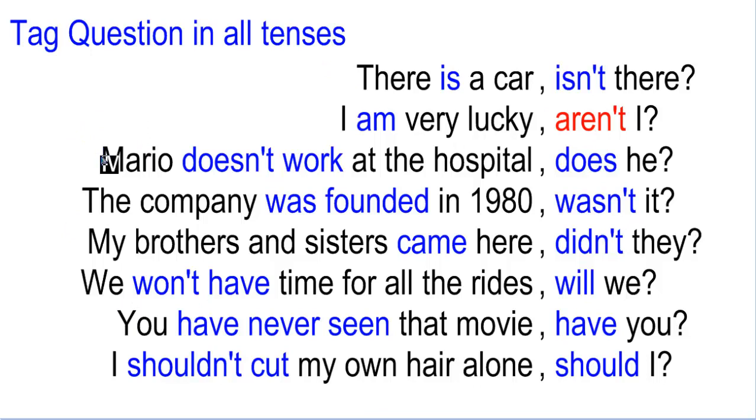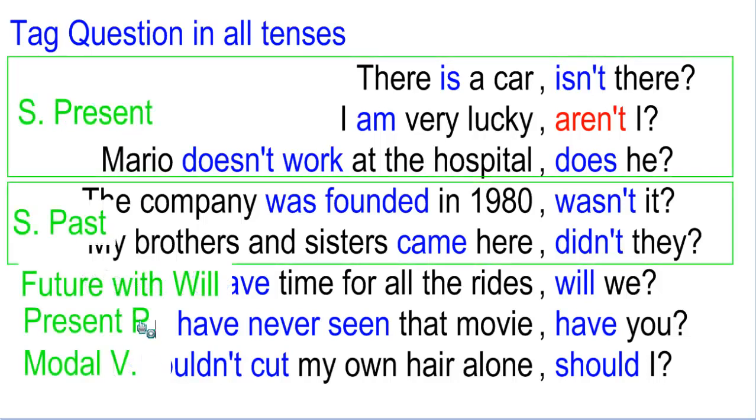Present perfect continuous, future perfect continuous, any grammar tense that you want. Active voice, passive voice, etc. Okay, and as you see, it can happen in many different tenses, even in passive voice. Okay, there's no problem with that.